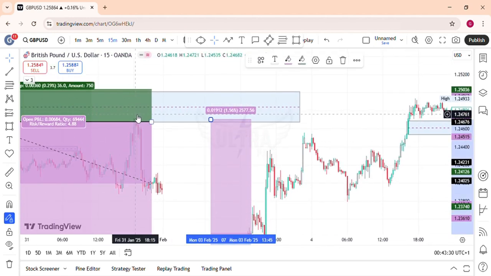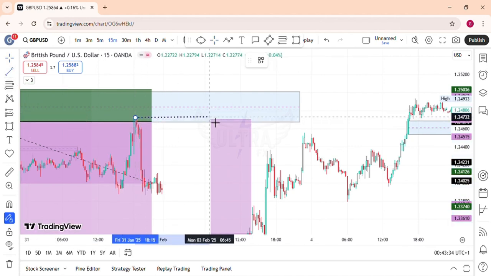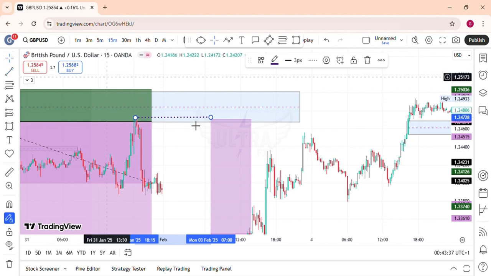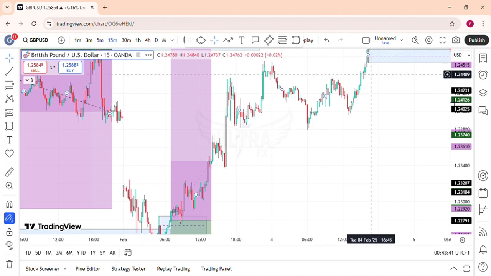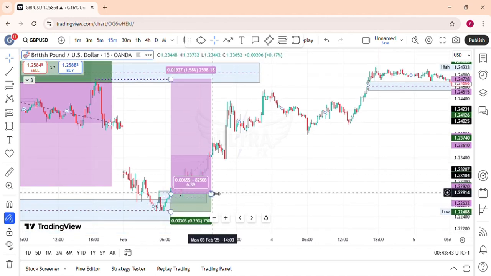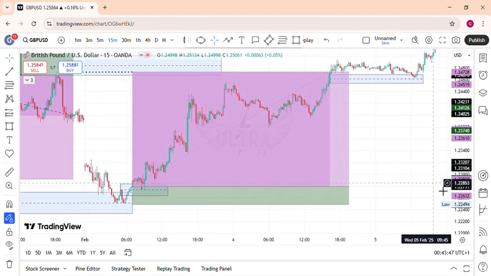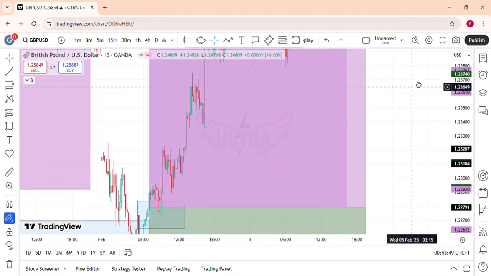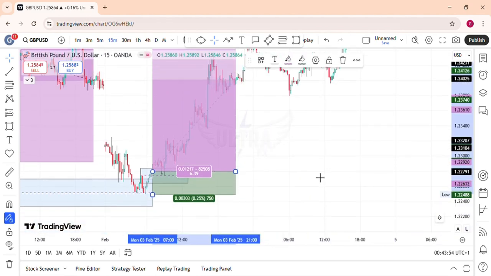So this is our previous high here. You can see how far the market can go. So that is it, the previous high there. So let's go over to the next trade.